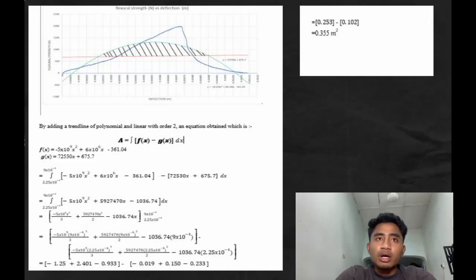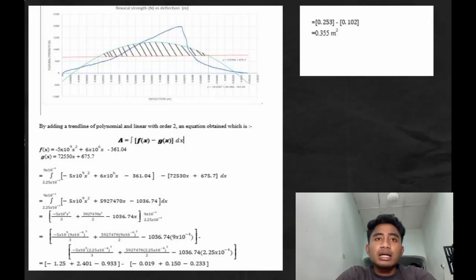I will explain method 2. Method 2 requires adding a polynomial trend line on the graph, which will automatically generate the approximate function required to evaluate the area under the graph through integrating said function. When the function has been generated, the result will be as such, from order 2 to order 6.